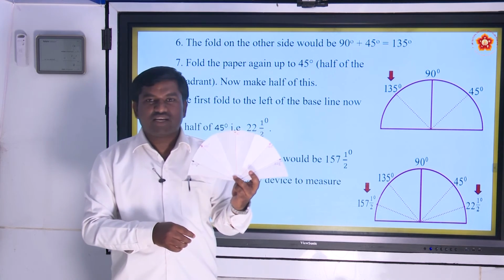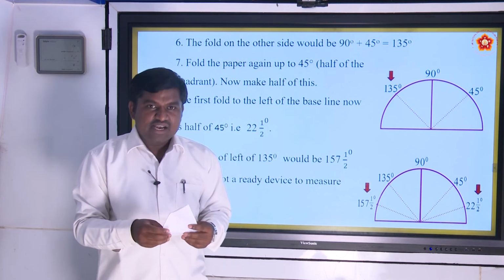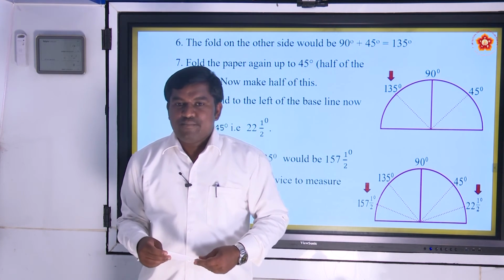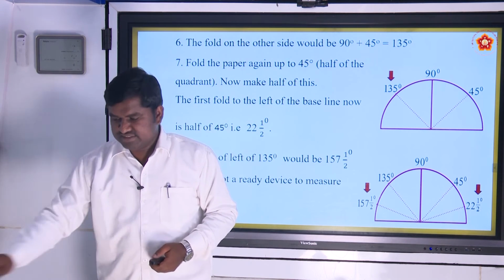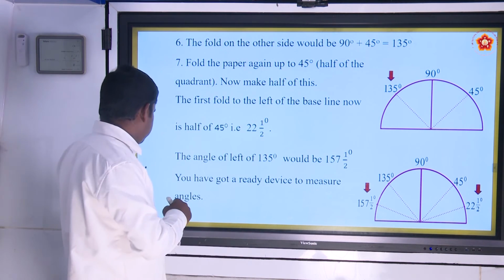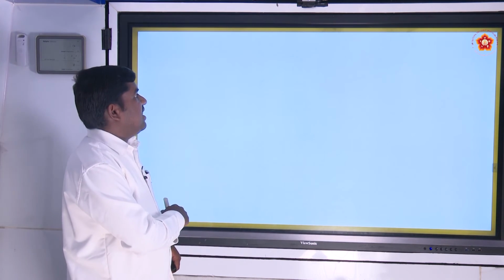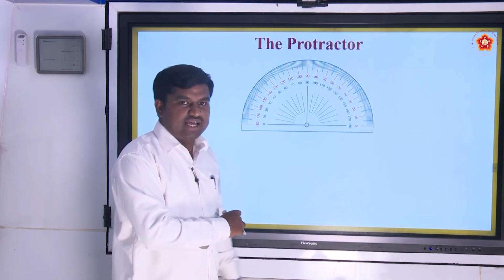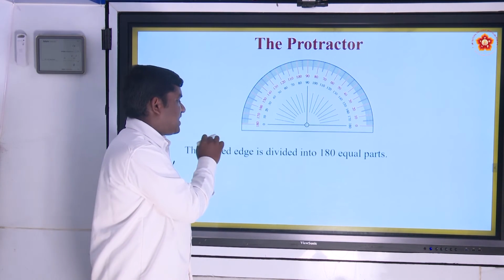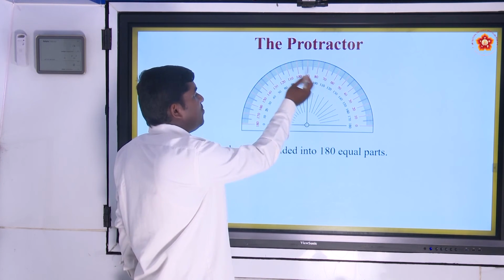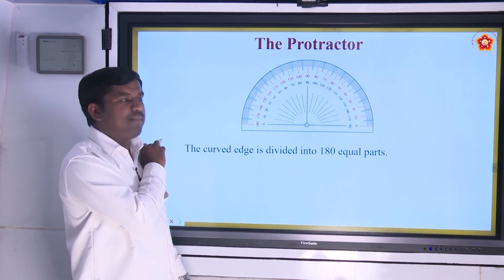What is a protractor? A protractor is a device used to measure angles. Next, the protractor. See, this is the protractor. In the protractor, we divided into 180 equal parts.